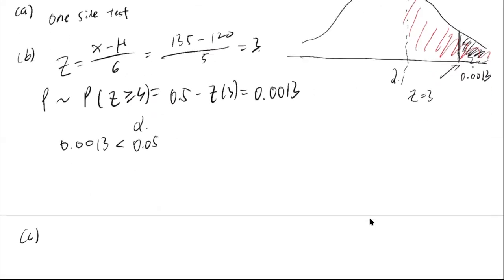The other way is part C, when we're calculating the critical value and the rejection zone.